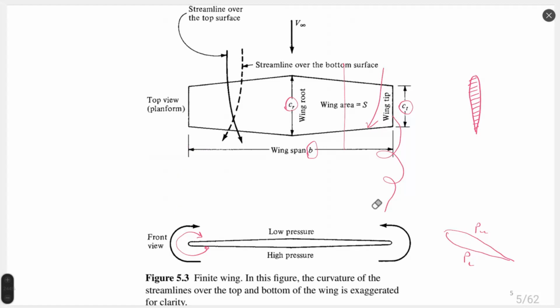Such vortexes always exist. They are a physical response of nature to the difference of pressure, and this trailing vortex will always appear independently of the wing geometry. Or let's say differently, there is no wing that doesn't have a vortex on its tip.